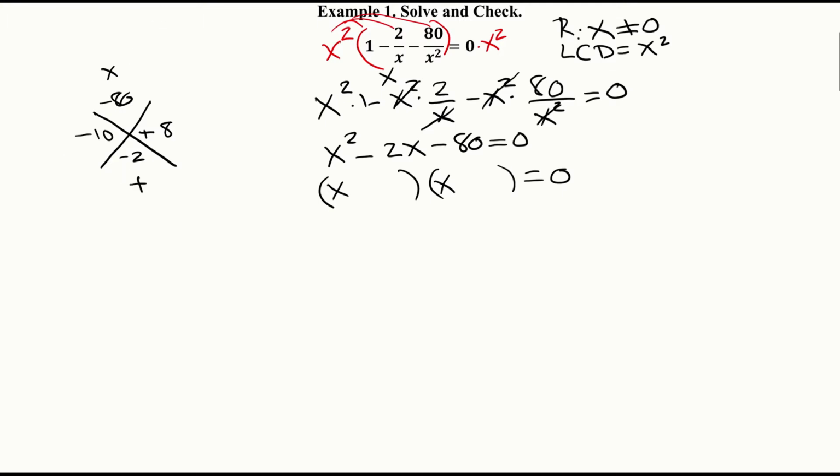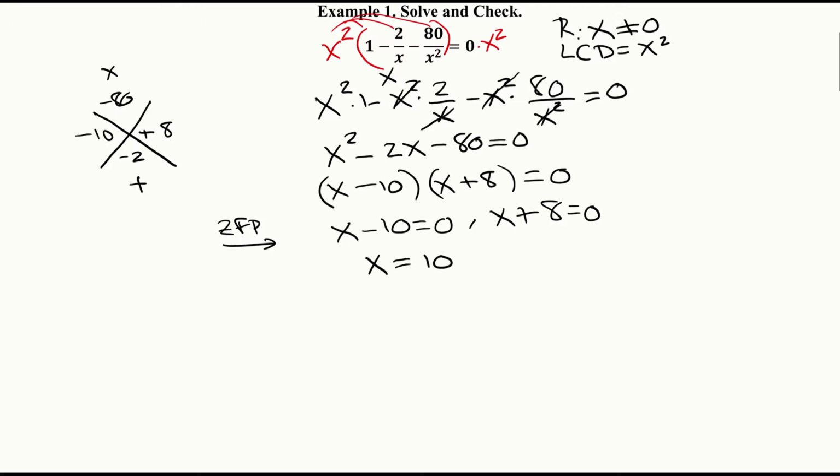So we'll go ahead and factor this in that way. x minus 10 times x plus 8, and we now apply the zero factor property. So we get x minus 10 equals 0, or x plus 8 equals 0. Solving the first one gives us x equals 10, and the second equation gives us x equals negative 8.